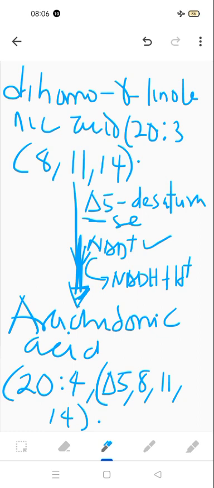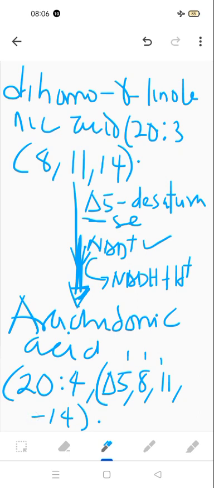Arachidonic acid is a 20 carbon organic compound with 4 double bonds. The positions of the double bonds are seen in carbons 5, 8, 11, and 14.